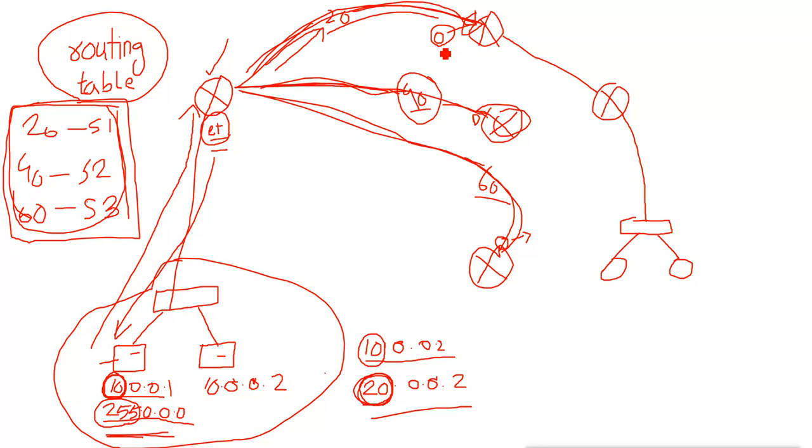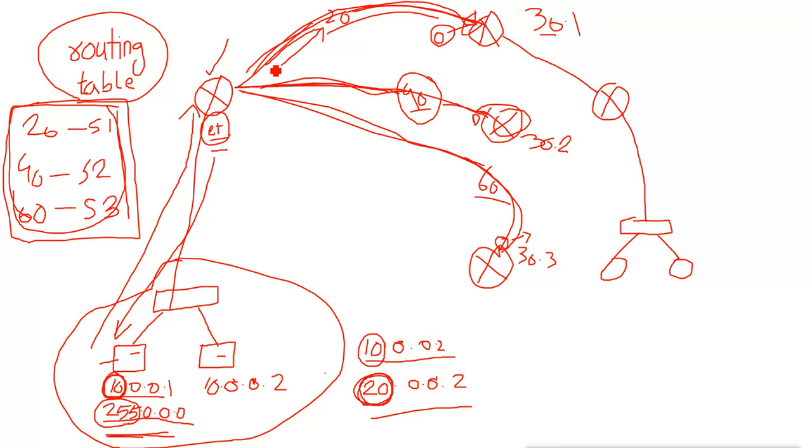Maybe you get confused if you mention the network address. Maybe this interface has an IP of 30.0.0.1 and this interface maybe has IP 30.0.0.2. Maybe you have done subnetting, so the IP will remain the same, the network will be the same, 30 maybe. So if you mention only the network, then it can get confused: for the 20 network again go for 30, for the 40 network again go for 30, for the 60 network again go for 30, and where is 30?